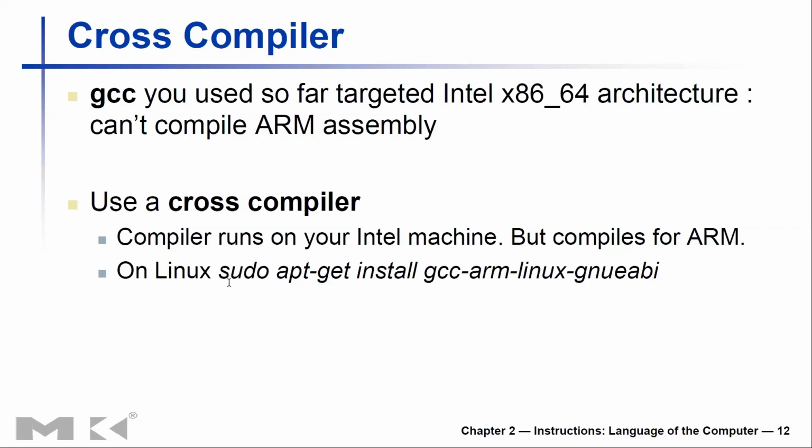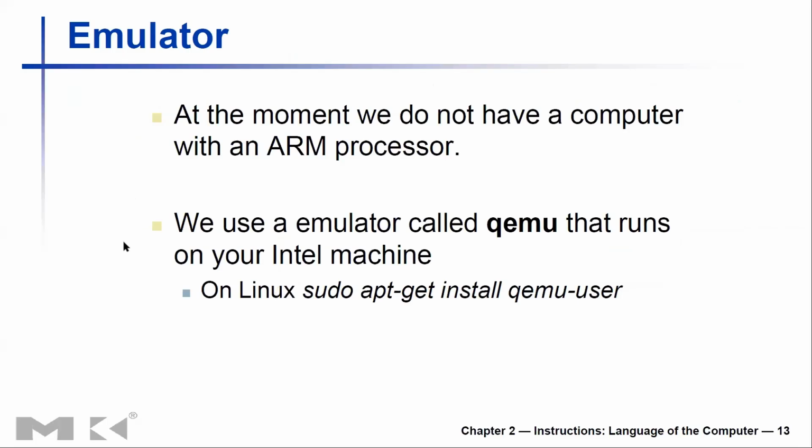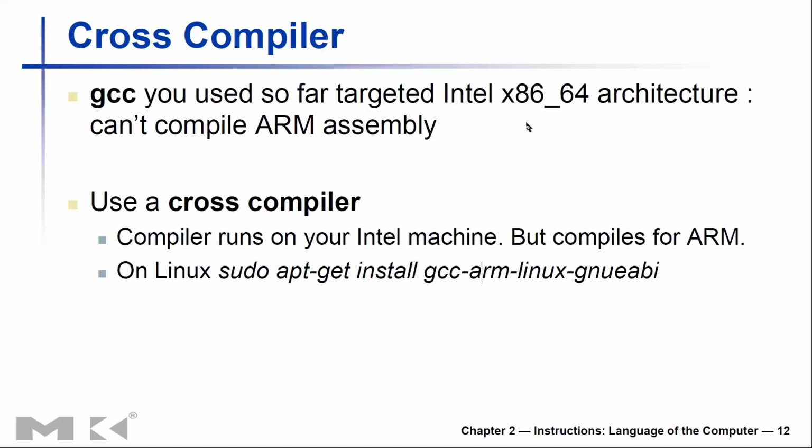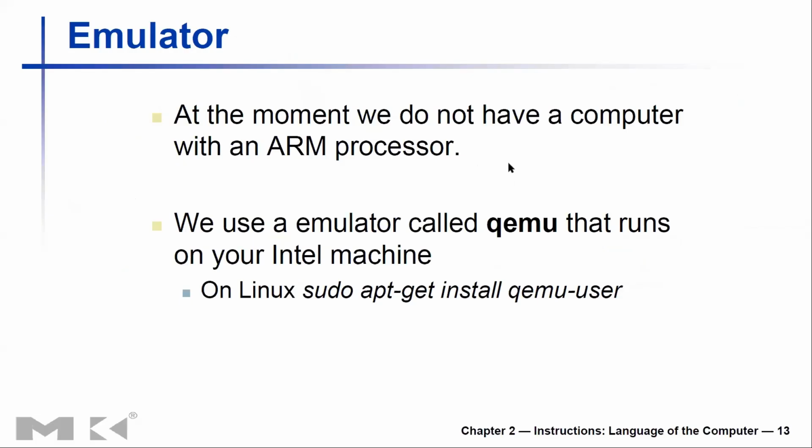This is the first tool that you will need to compile ARM assembly, and then the emulator. There's another tool that you will need, which is called an emulator. Even if, by using a cross compiler, you can generate machine code that can run on an ARM processor, you still don't have an ARM processor with you.